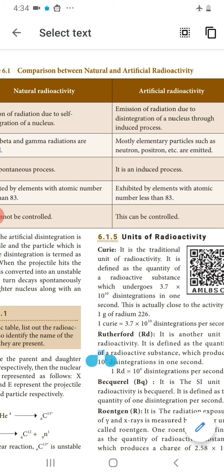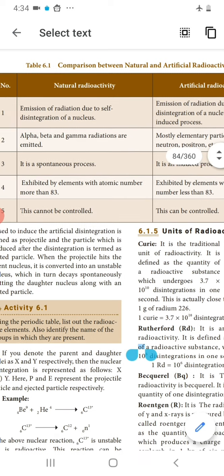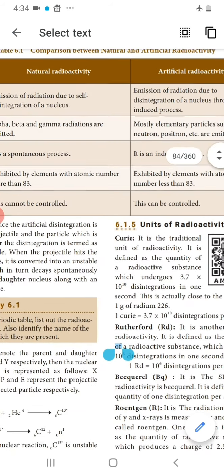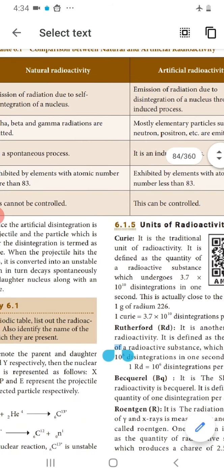We are inducing, so only the name artificial or man-made radioactivity. Alpha, beta, gamma radiations are emitted. இங்க மெயினா elementary particles like neutron, positron are emitted. It is a spontaneous process. இது தன்னைத்தானே நடக்குது. It is an induced process, exhibited by elements with atomic number more than 83, exhibited by elements with atomic number less than 83.